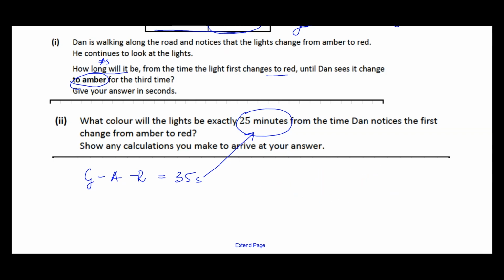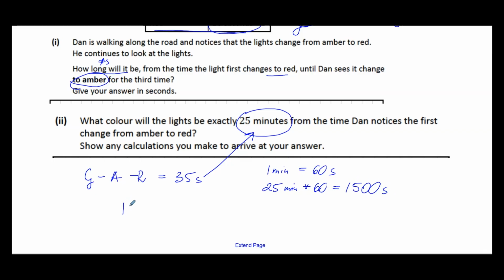Well, first of all, in order to do that, I need to change that 25 minutes to how many seconds. So 1 minute has what? 60 seconds. So that means 25 minutes, I have to multiply by 60 in order to get the number of seconds. If we multiply 25 by 60, we get 1,500 seconds.